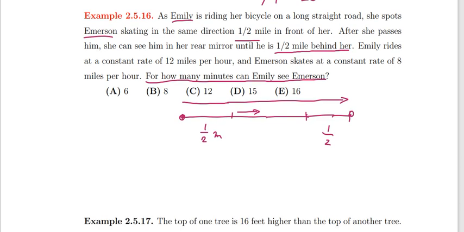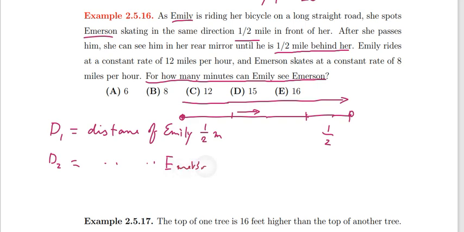Okay, so let's say we put d1 as the distance of Emily, and d2 is the distance of the skater.